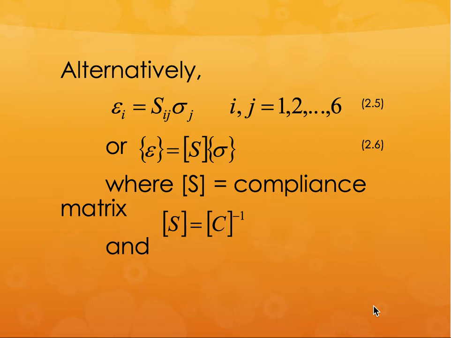You can also invert that and represent epsilon in terms of sigma, and in this case you have another matrix Sij, which is the inverted matrix of C. So S is called the compliance matrix, and C is called the stiffness matrix.